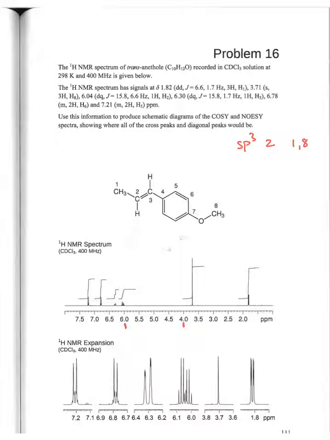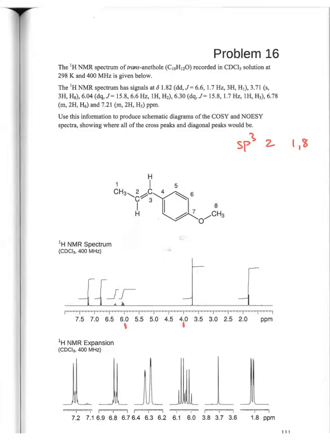You have 1 and 2, right? So those are both sp3. If you count the unique number of peaks, you have 1, 2, 3, 4, 5, 6 unique sets of H, right? So we're clear on that. Now, if you look at this region, there's 2, this region, there's 4.